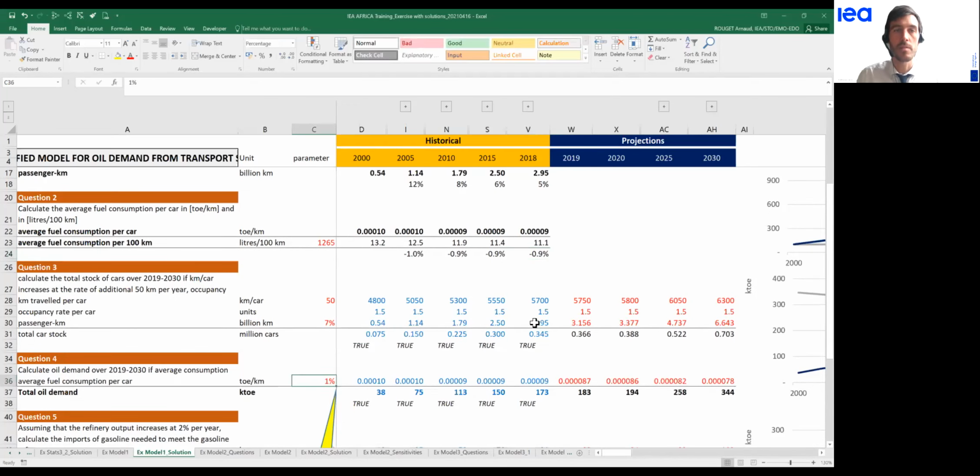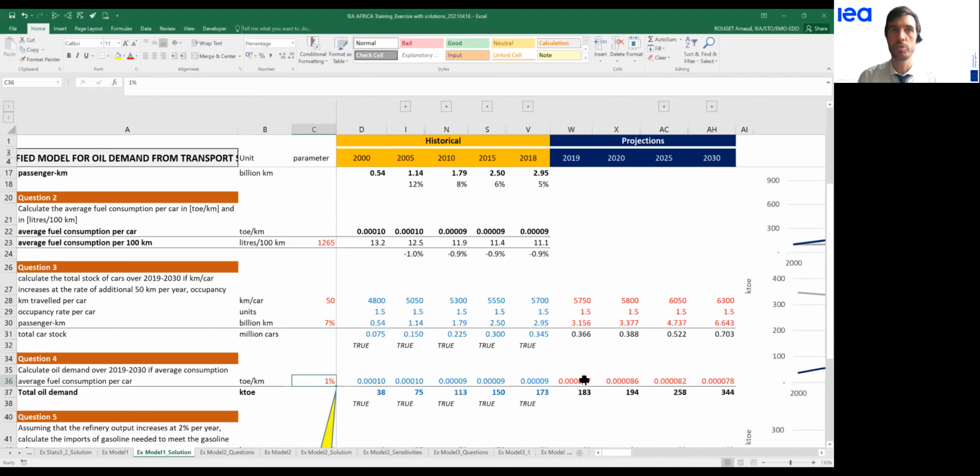So we will assume that from now on, every year there will also be a 1% decrease in energy consumed by cars, because the fleet of cars will be more recent, more modern, and when we take the average, we will get better consumption levels.